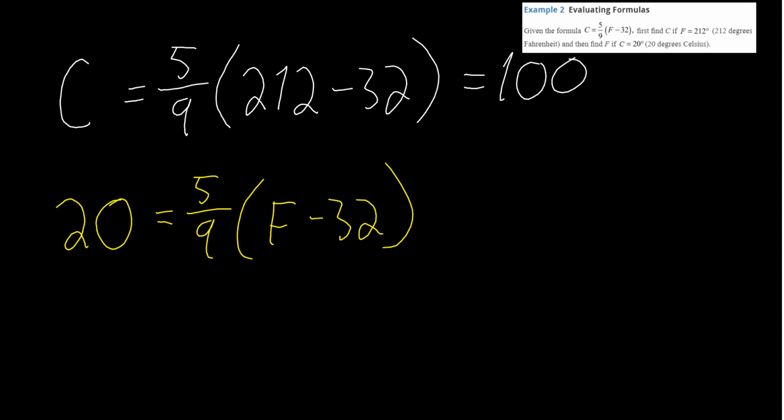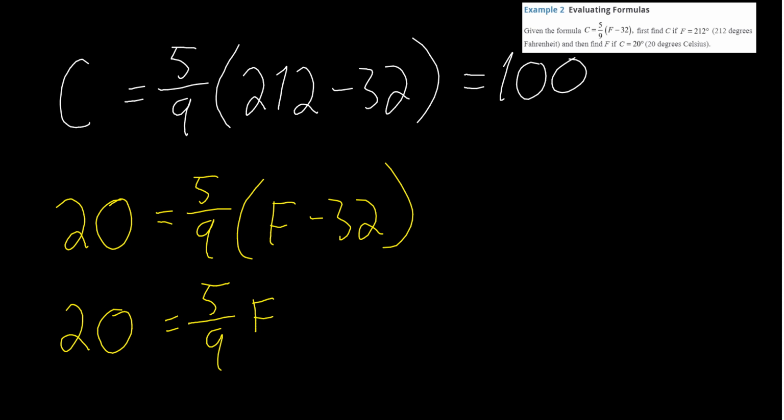Okay, we're going to do it this way though, because like I said, there's nothing particularly wrong with this. So we end up with 20 is equal to 5/9 times F minus 32, and 32 times 5/9 is 17 7/9. Let's see. I don't think there's anything wrong with that.